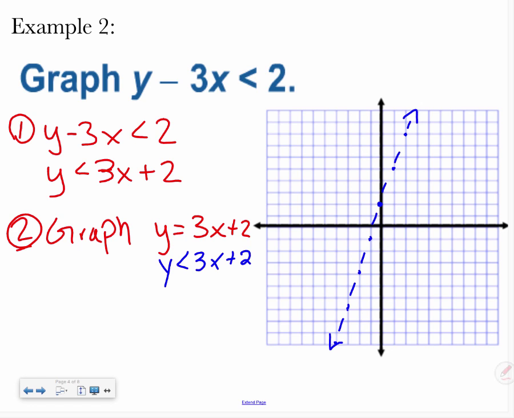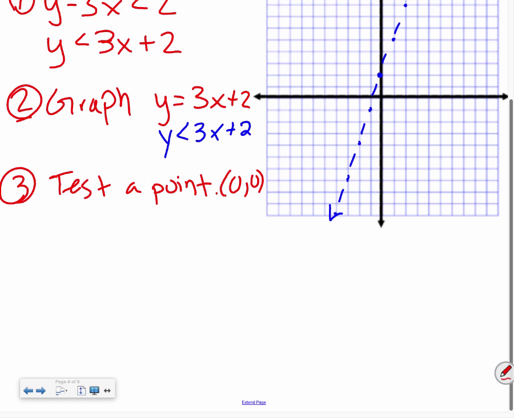Now step 3. You need to test a point. Which one did I say is an easy one to test? 0, 0. So if we plug 0 into this inequality, we have 0 is less than 3 times 0 plus 2.